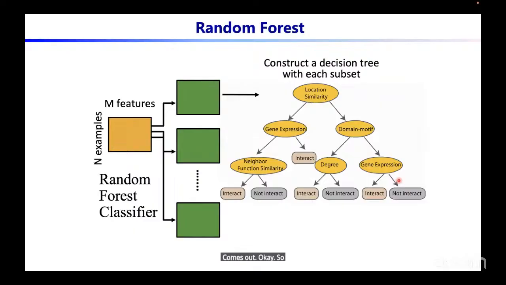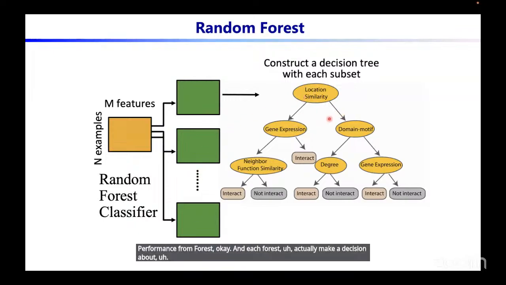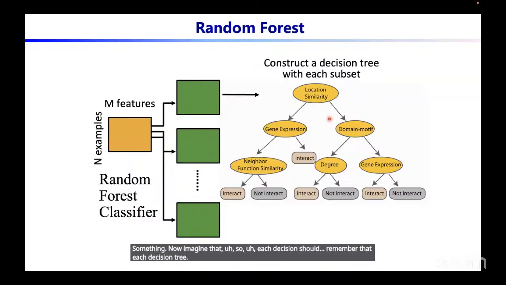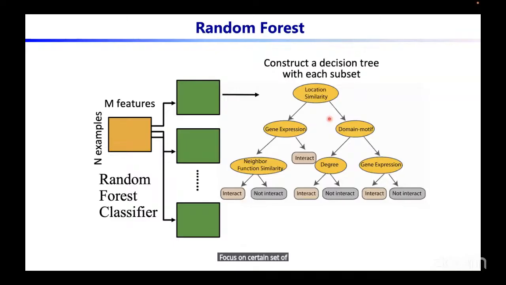So we have this kind of random tree, and then it forms a forest. And each forest actually makes a decision about something. Now imagine that each decision tree focuses on a certain set of features.